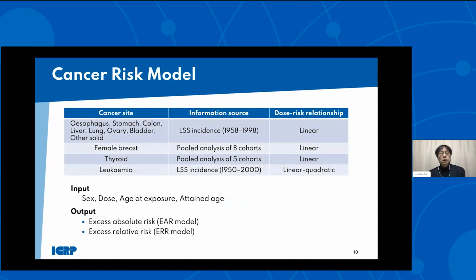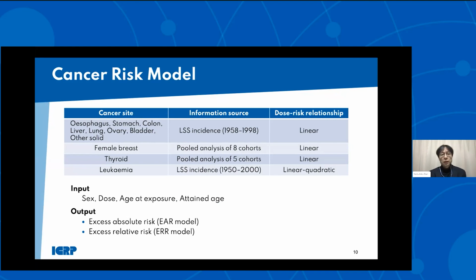Cancer risk models were prepared for cancer sites shown here. Most of them were based on LSS incidence data from 1958 to 1998. This was published as a paper in 2007.